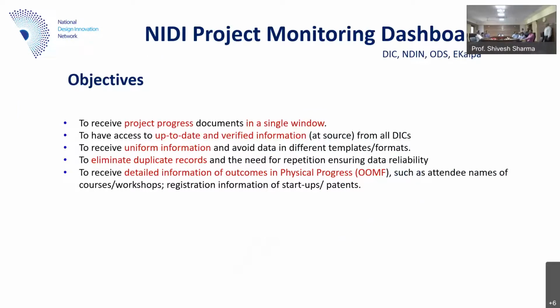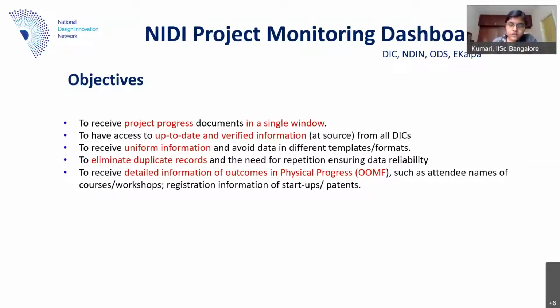So I'll just start with a brief overview of the objective of having this dashboard. The idea is to receive and monitor the project progress in a single window for the ministry, and to have up-to-date and verified information from the source itself, wherein the DICs would verify the information that they are sharing with MHRD on this portal itself.